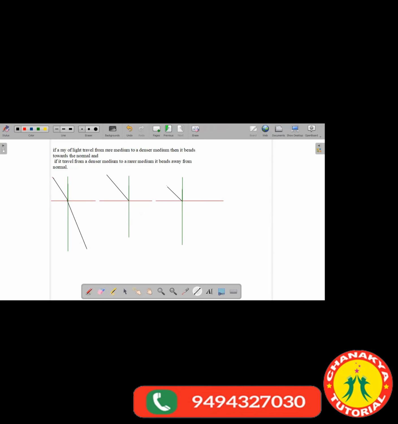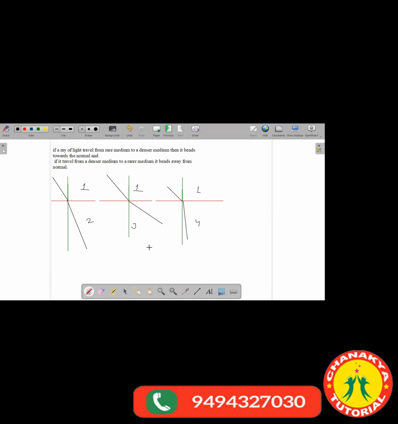Here I observe the ray of light bending something like this. And here I observe the ray of light bending still more. So let this be medium 1, and here we have made medium 2, medium 3, and medium 4.